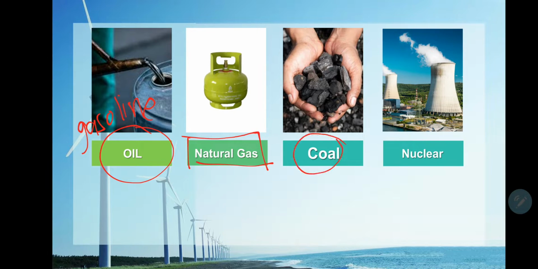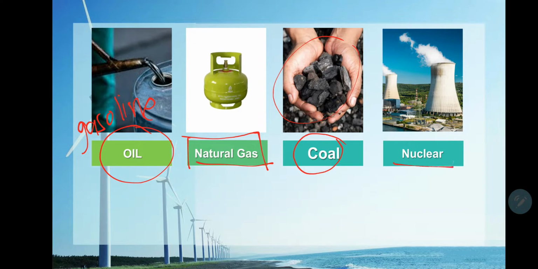The next one is coal. You probably never see this, but you probably see it when you are having a barbecue. People grill the fish or the chicken using this coal. But sometimes they also use it for trains.